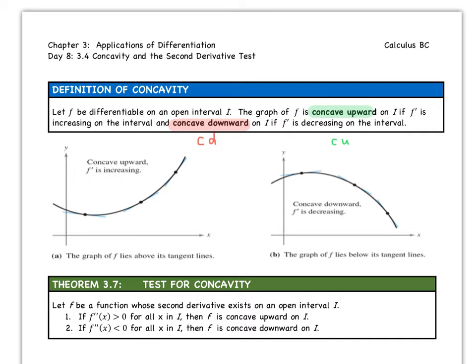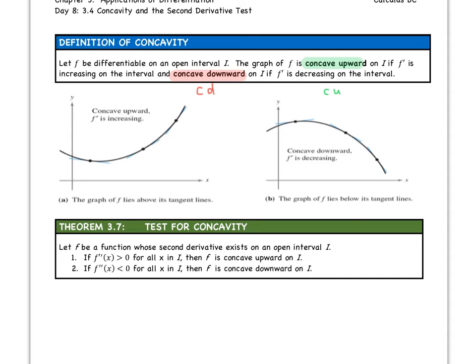The way we test for concavity is if f is a function whose second derivative exists. So now we're looking at f double prime, the second derivative. If f double prime is positive for all x on that interval, then f is concave upward on that interval.